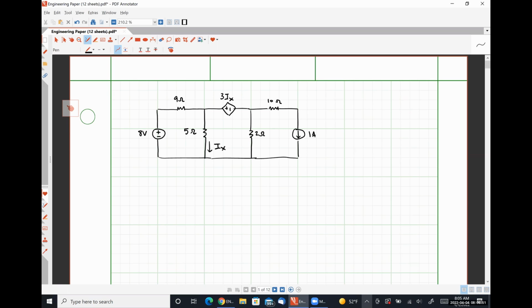This problem will illustrate the nodal analysis procedure, including supernodes, okay?